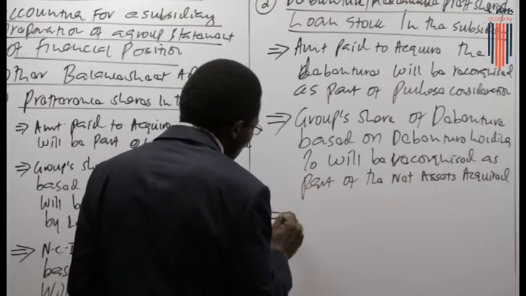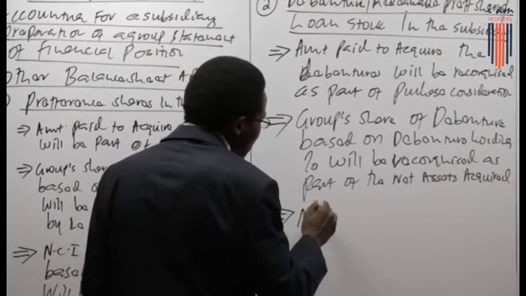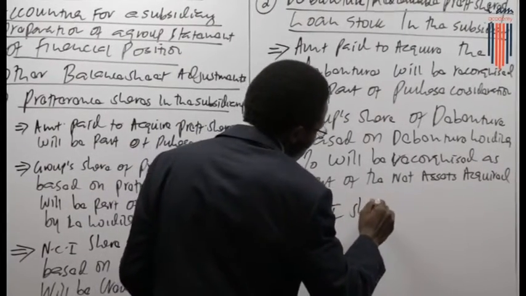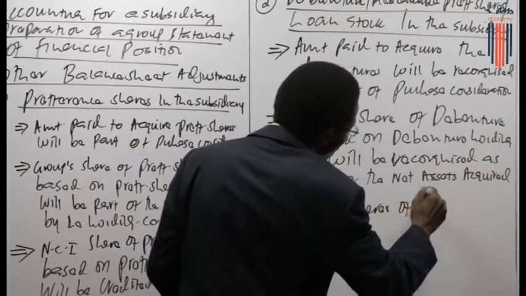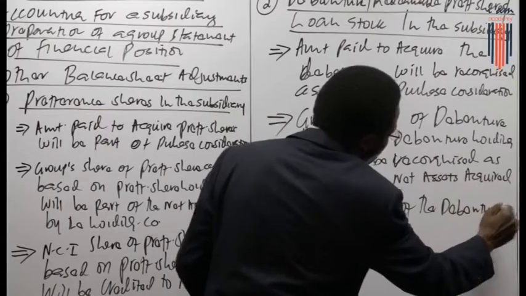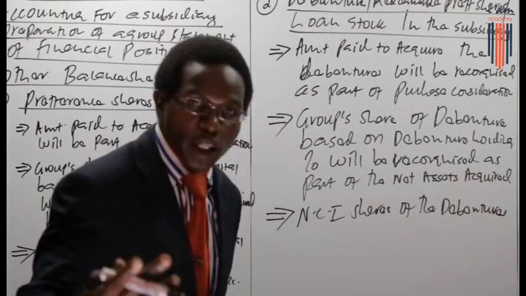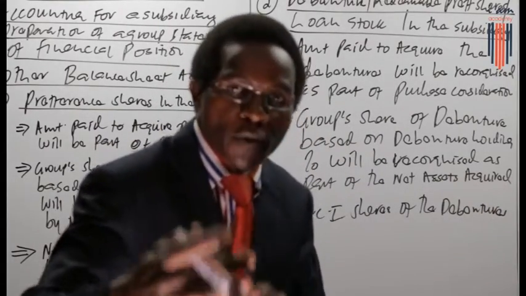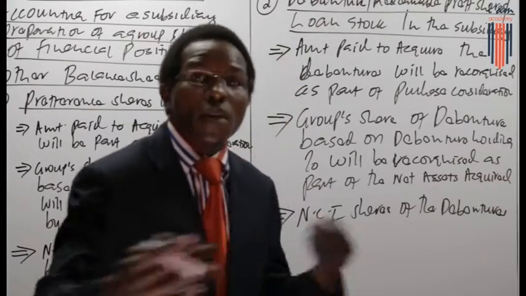Then the NCI share of the debentures. Friends, one thing you need not to forget, when I talk of debentures, I talk of redeemable preference shares, I talk of the loan stock, they behave the same way.